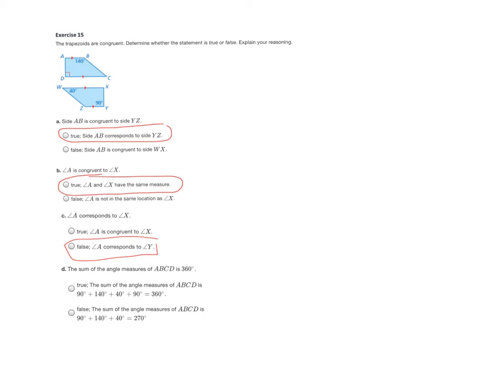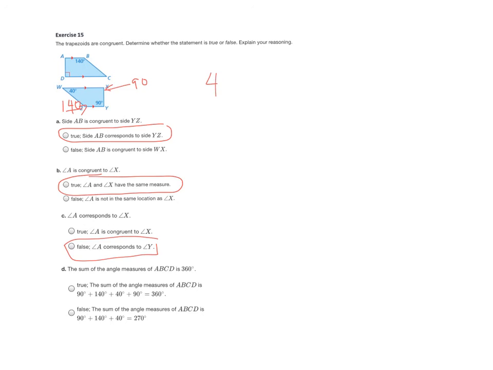The sum of the angle measures A, B, C, D is equal to 360. Okay? That should be true. The sum of the measure of angles is 90. So what they're telling us is because we know that they're congruent, we know that this angle right here is 90, because of that marking. So we know that there's a 90 in there. We know that this one is going to be 140.